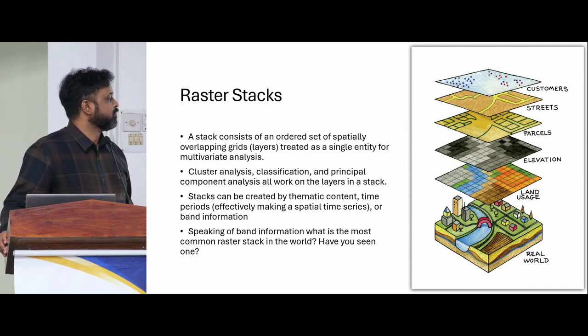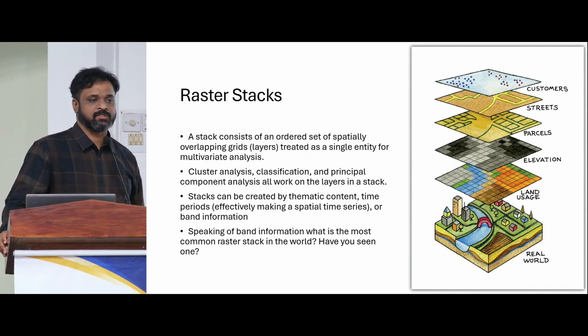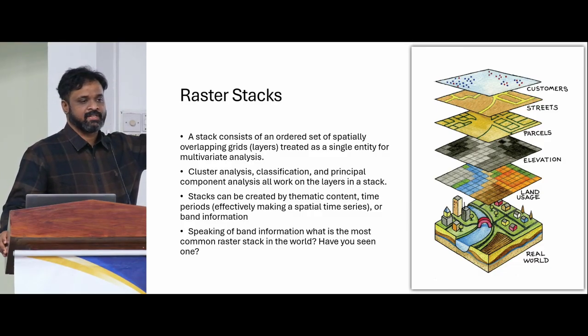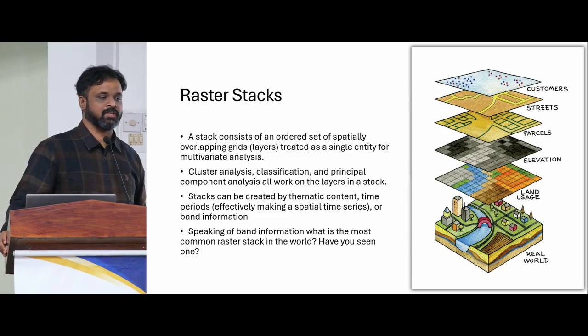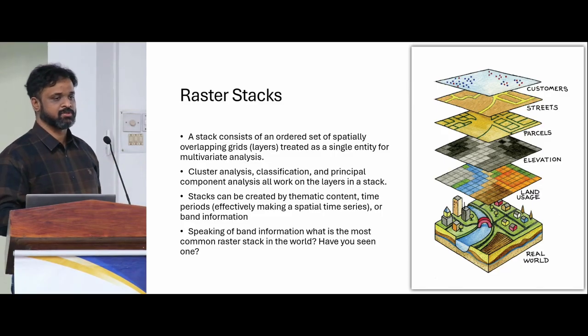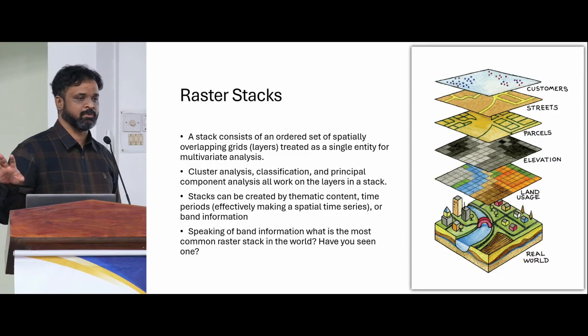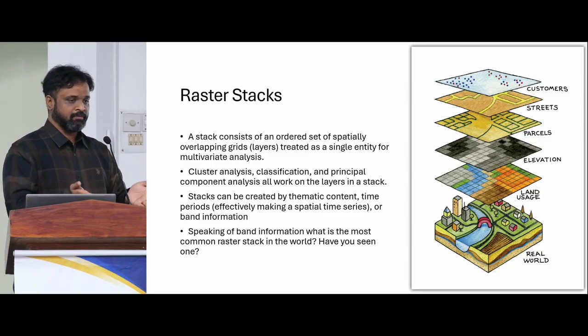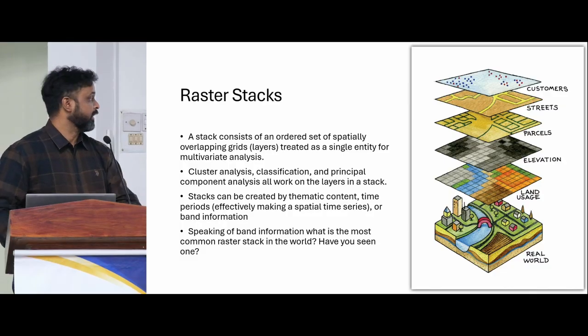Also, if you notice, the real world doesn't have pixels. So each one of those is going to be a generalization about one particular point. Say, for example, 30 meters by 30 meters is a very good resolution, but a lot can change within 30 meters. So if you want the most perfect information, you won't get it like this.